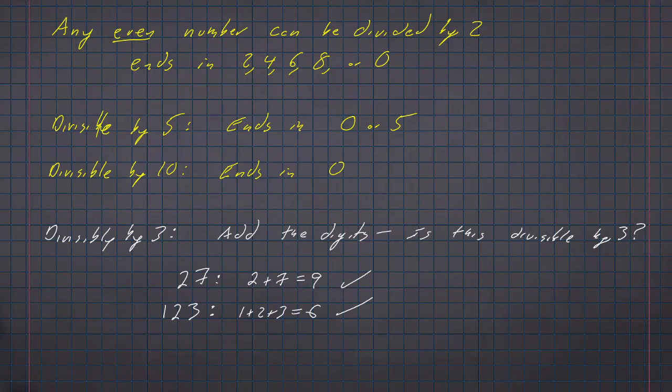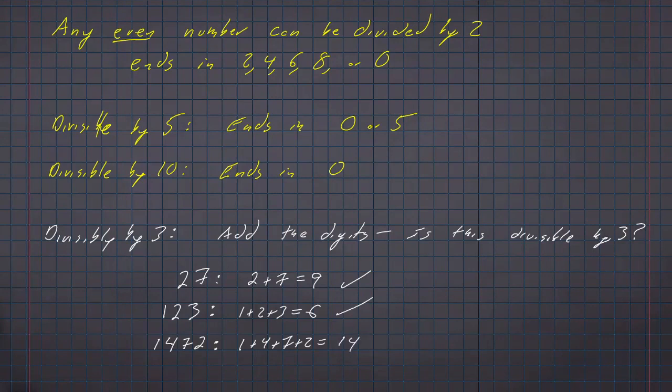If you have larger numbers to work with, like 1,472. If I add 1 plus 4 plus 7 plus 2, 1 plus 4 is 5, 5 plus 7 is 12, 12 plus 2 is 14.